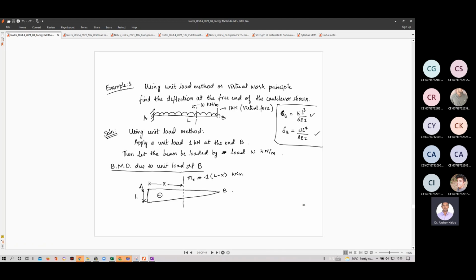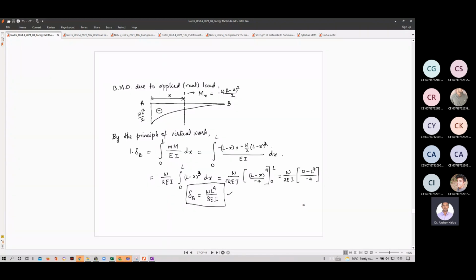So I introduce a unit load at the free end. Okay. Now I will split this into two parts. One is the bending moment due to unit load at B. So the bending moment due to unit load at B is 1 times L minus X, so minus of L minus X.